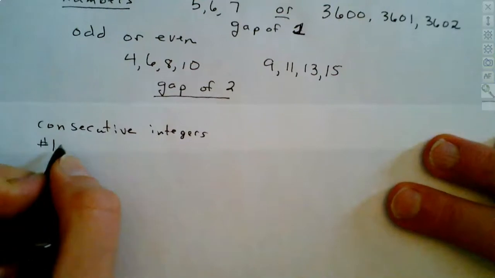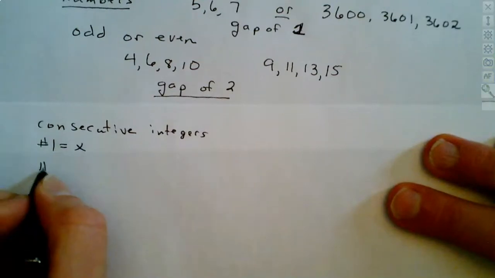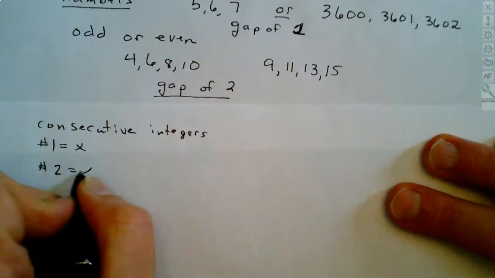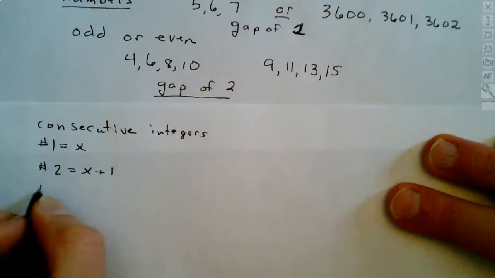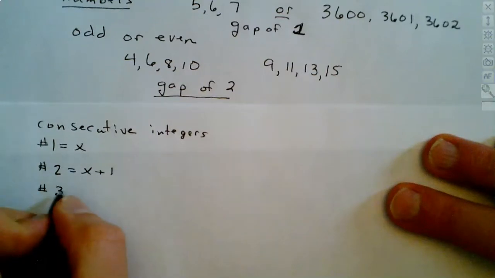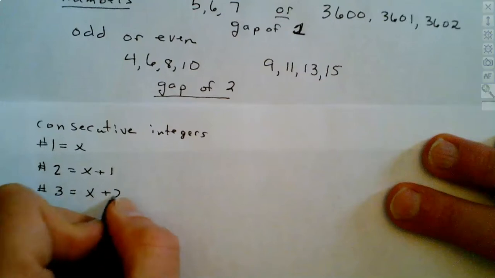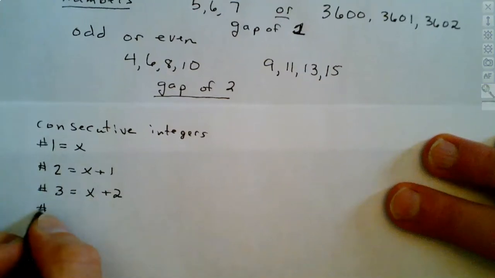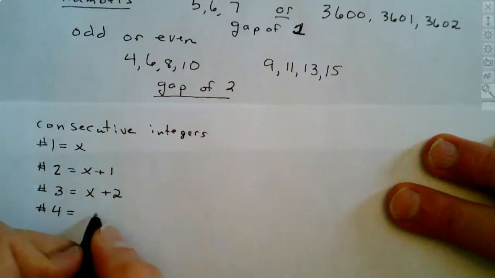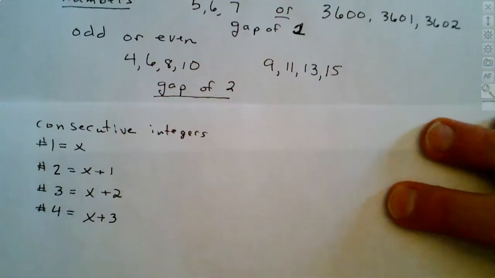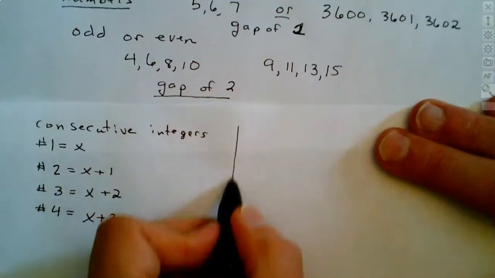The first one we always call x. Second one is x plus 1. Add 1 each time. Third one is x plus 2. Fourth one would then be x plus 3. So that's your pattern for consecutive integers.